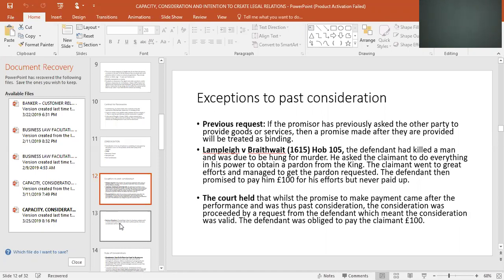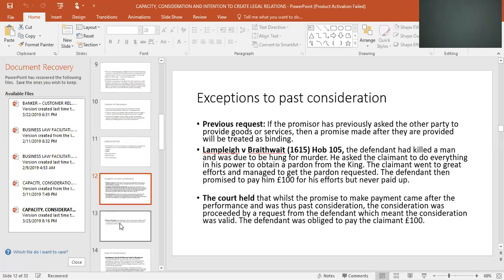Then read all the nitty-gritties of the case because it is from this case that some of the exceptions to the past consideration rule came. I don't want to read the case here, but just for the class, let's just talk about it briefly.